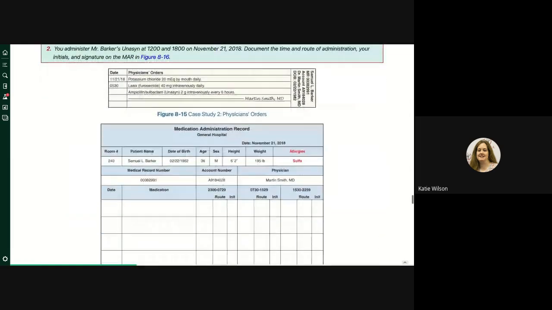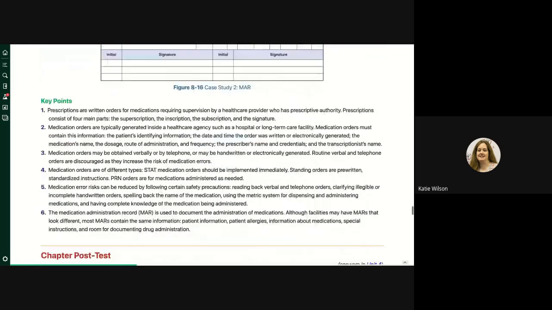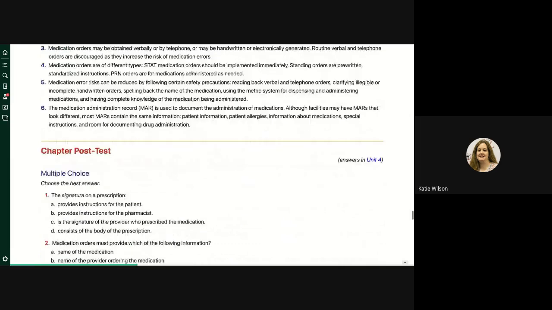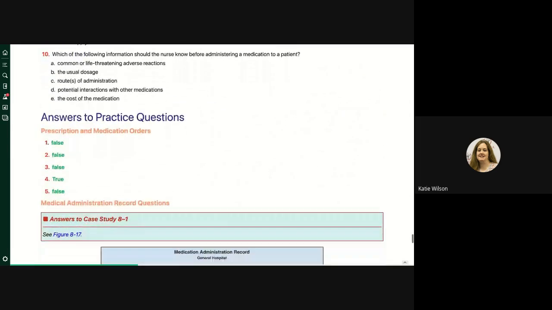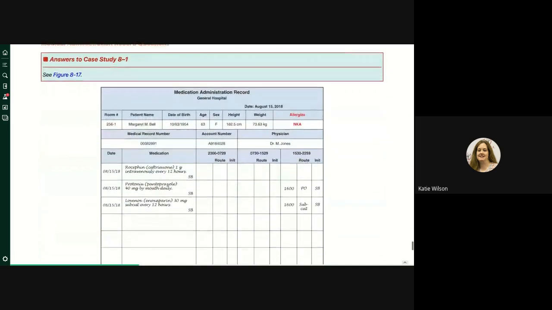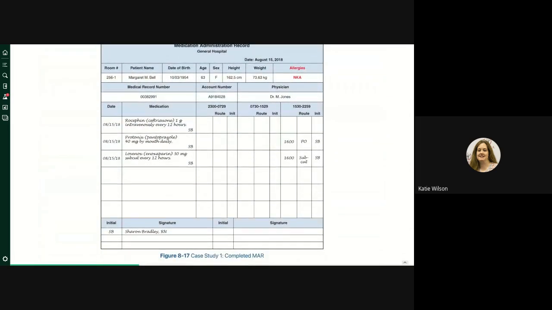So there are some additional MARs, some case study information and key points. That quickly went over chapters 7 and 8 for this week's lecture. Obviously, there's no math associated with these two chapters, so they should be fairly easy questions for you.